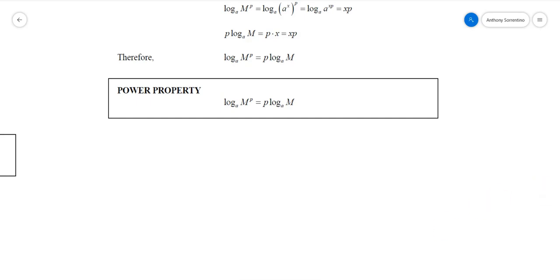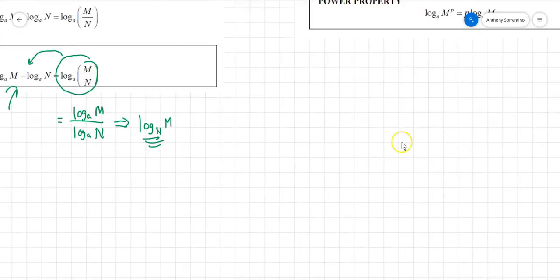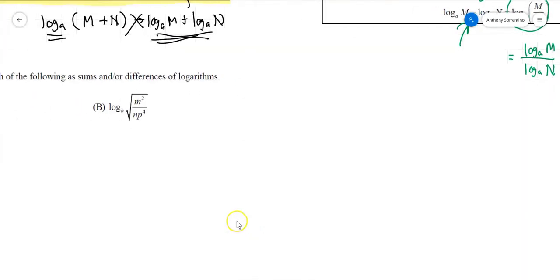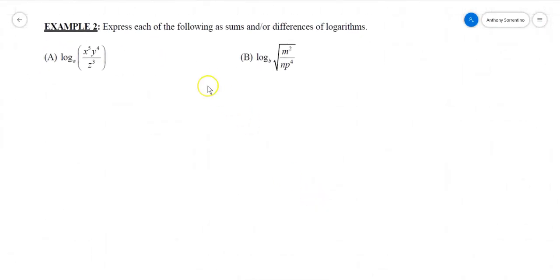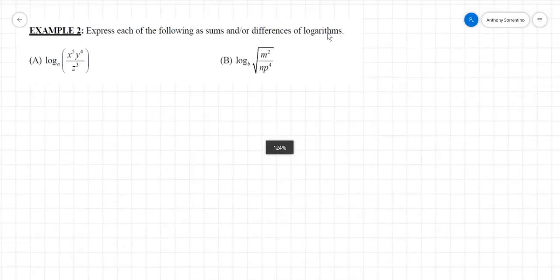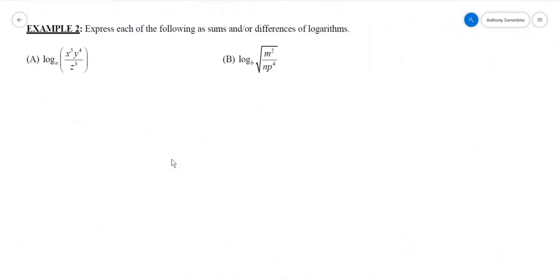So let's have a look at example 2. Here you're asked to express each of the following as sums and or differences of logarithms. If we rewrite a here, the log base a of x to the fifth y to the fourth over z cubed. I first notice I do have a quotient, so I have x to the fifth y to the fourth divided by z cubed.